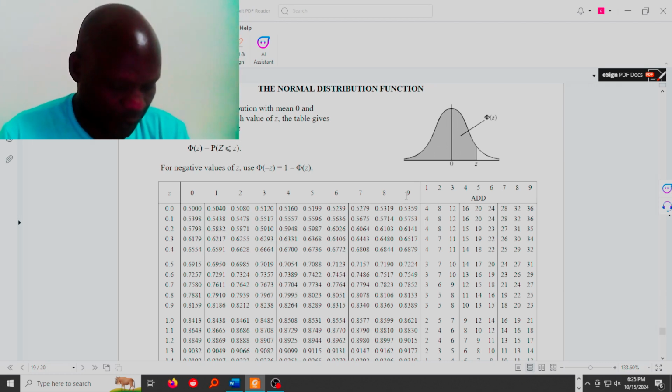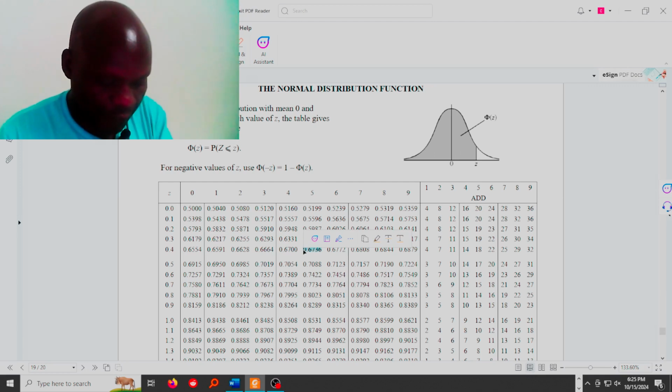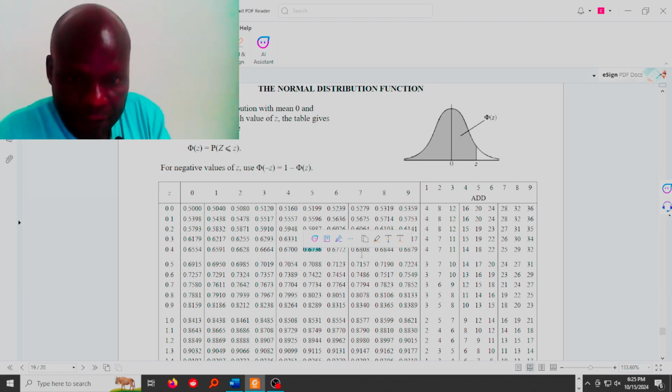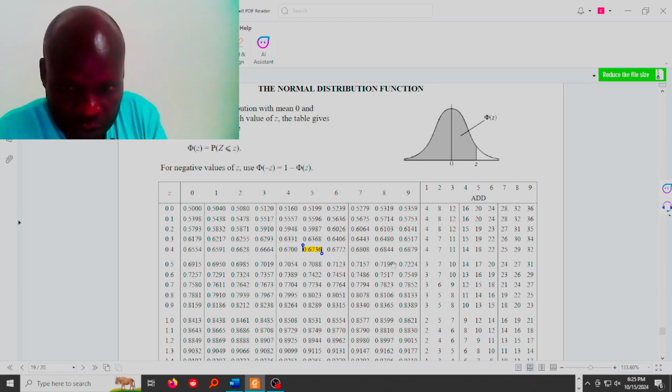If we check the corresponding probability from the table, we have Z here, 0.45. The 45 will be here, but it's 0.4545, so I will then move to 5. Let me just highlight. So this is 0.45, but then I have 45. So I'll round it up to 5.